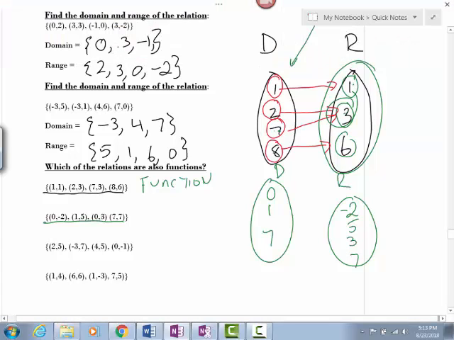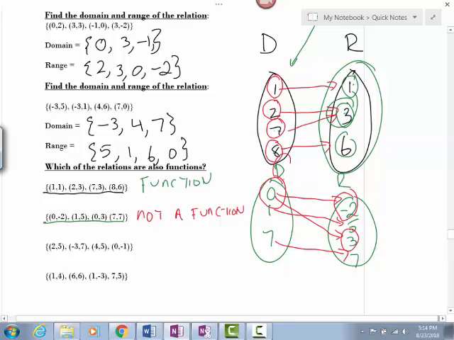And we're going to see, okay, well, 0 corresponds to negative 2, 1 corresponds to 5, 0 also pairs up with 3, and 7 pairs up with 7. So again, if you notice, right now, 0 is not being faithful. 0 is hooking up with negative 2, and 0 is also hooking up with 3. So we would say this one here is not a function.